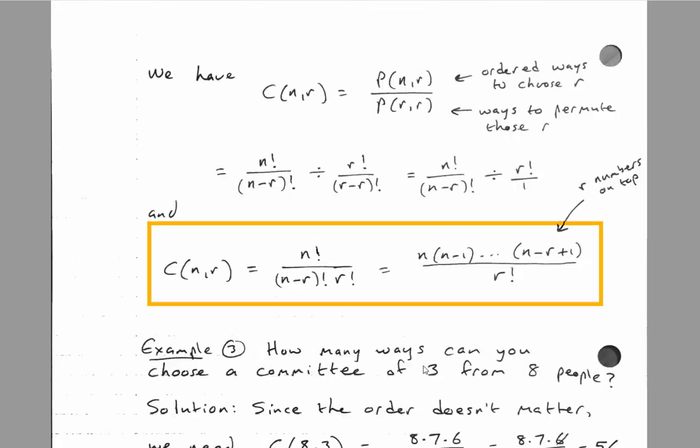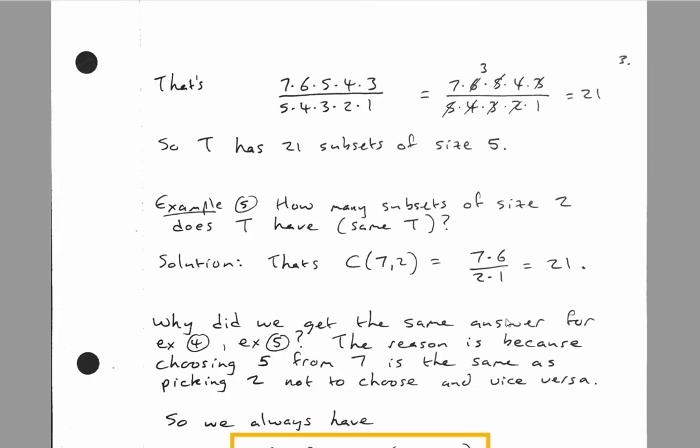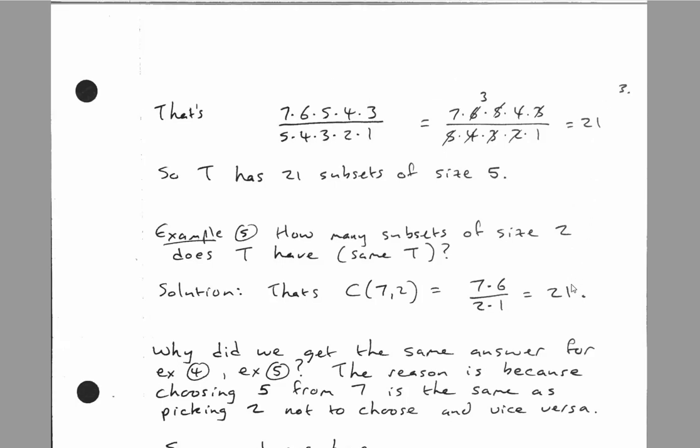All right, so again, our formula, choosing 2 from 7, so starting with 7 on the top, but we just need 2 numbers, so 7 times 6, and on the bottom it's 2 times 1. So 42 over 2, that's 21. Okay, so we're getting the same number.